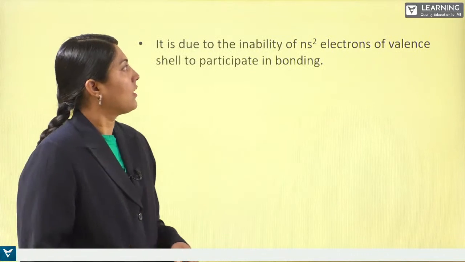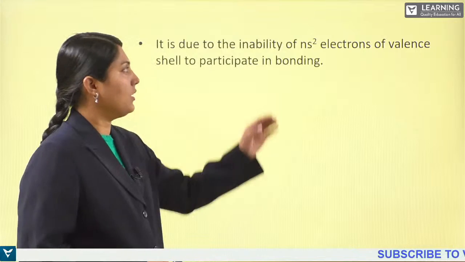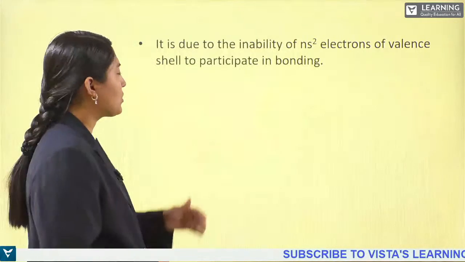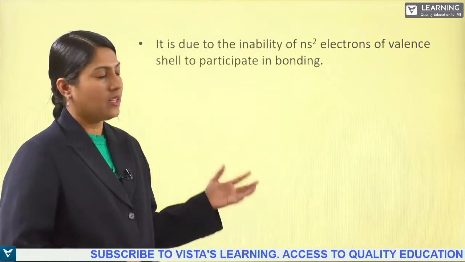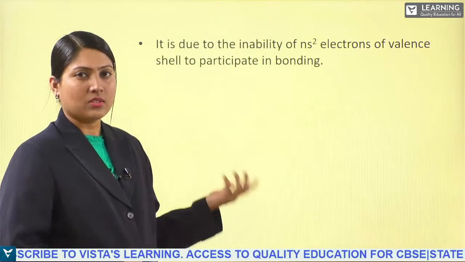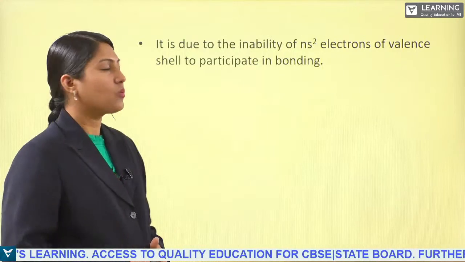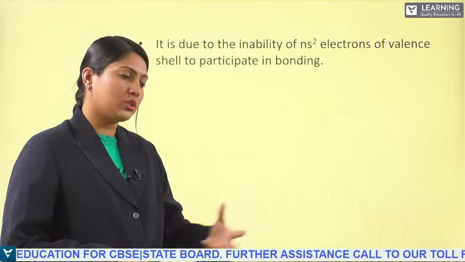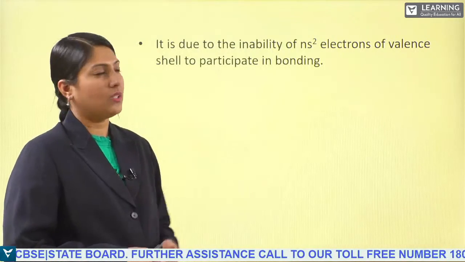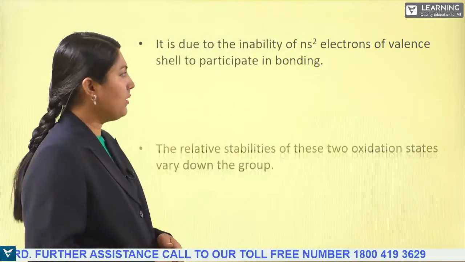It is due to the unavailability of ns2 electrons of the valence shell for participating in bonding. As I said, we have the +2 state for heavier elements. Why? Because the outermost ns2 electrons are not available for participating in bonding.